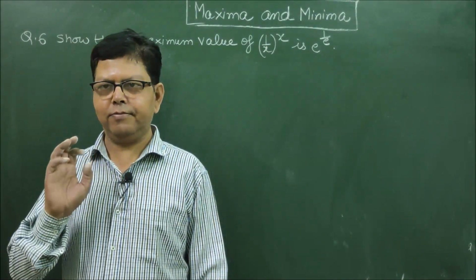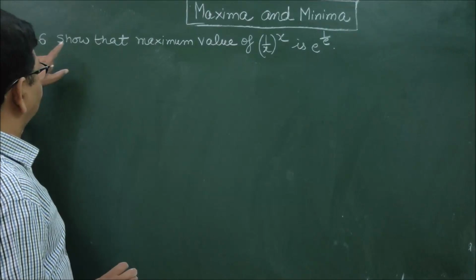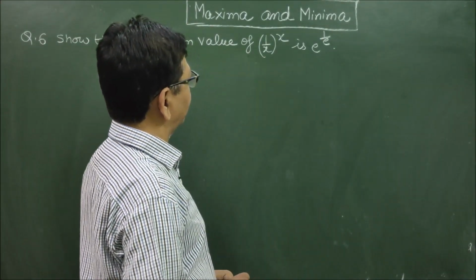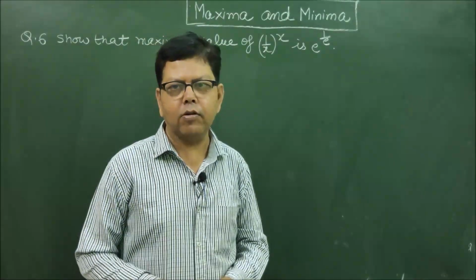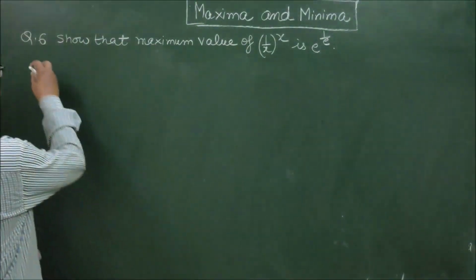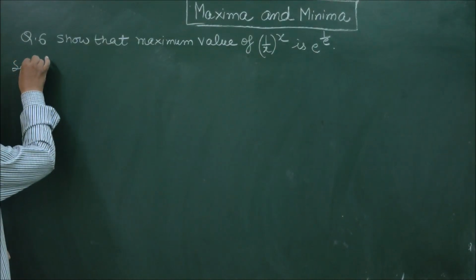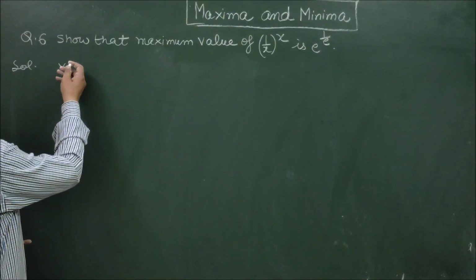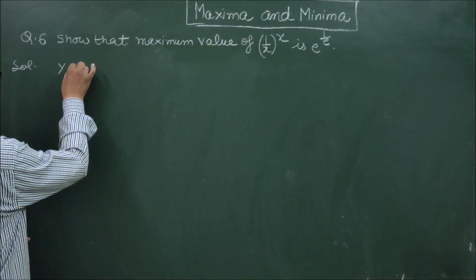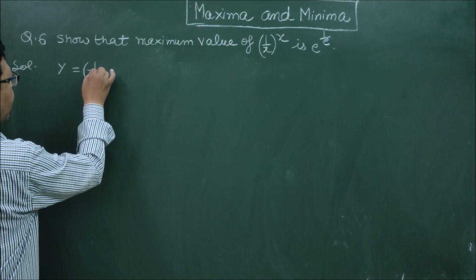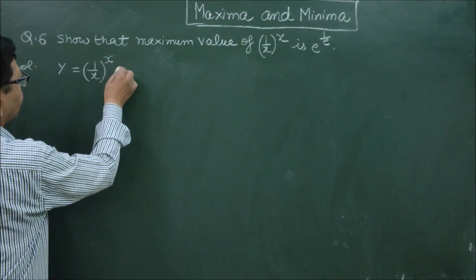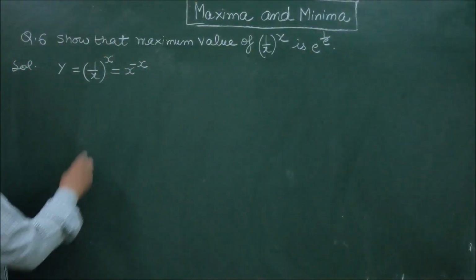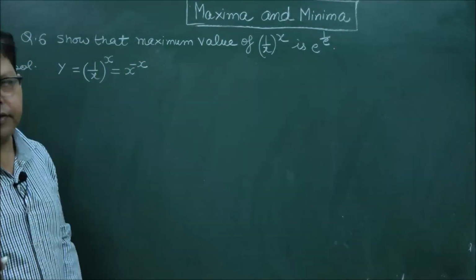Next, question number 6. Show that the maximum value of (1/x)^x is e raised to the power 1/e. So the given function, we can take it as y equal to f(x). So y is equal to (1/x)^x, which can be written as x raised to the power minus x, because 1 raised to the power x is 1.